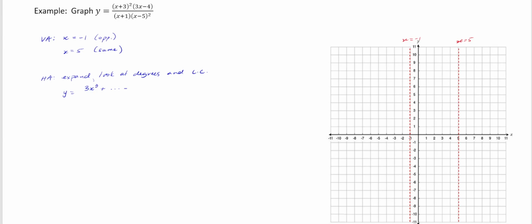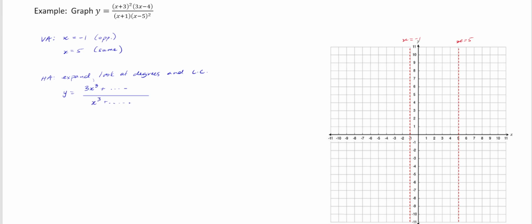That's going to be the highest degree, x cubed, and my leading coefficient is 3. Look at the denominator. If I expand this denominator, there really is no leading coefficient other than 1, but the degree is also going to be 3.